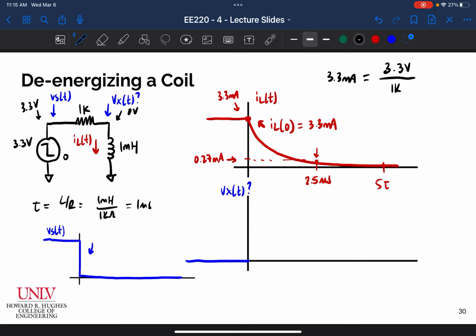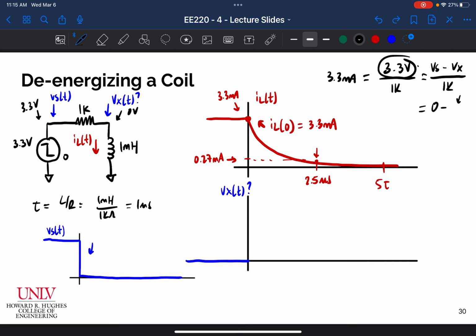I know that drop is equal to Vs minus Vx. I have Vs right here and Vx right here, so the voltage drop across the resistor is Vs minus Vx. At the instant when the pulse source transitions, Vs is equal to 0. So what does Vx have to be in order for that to be 3.3 volts?